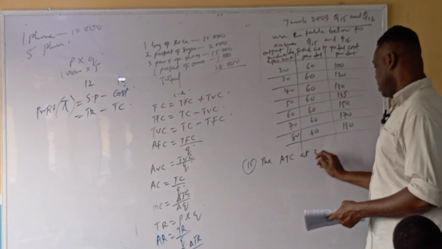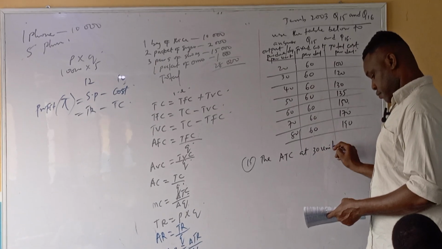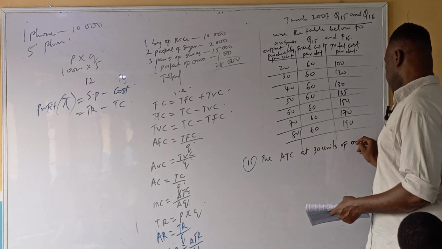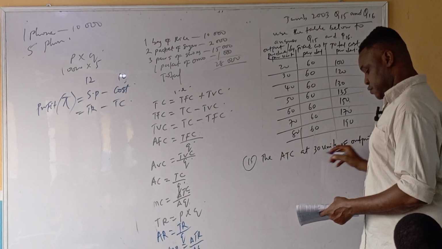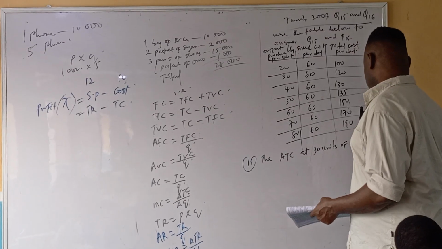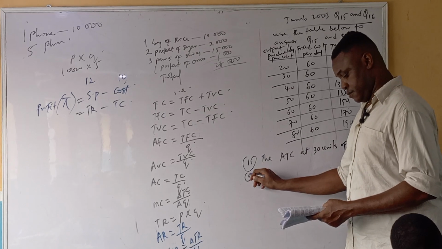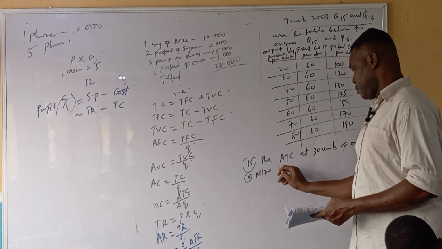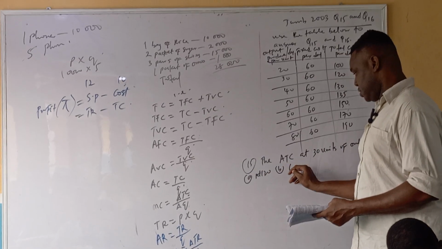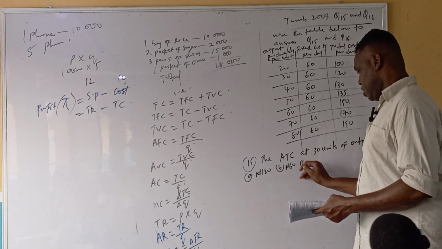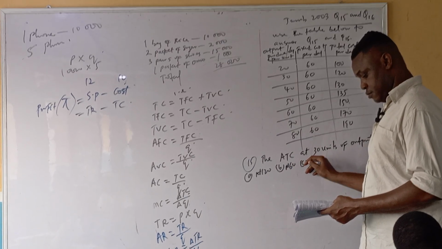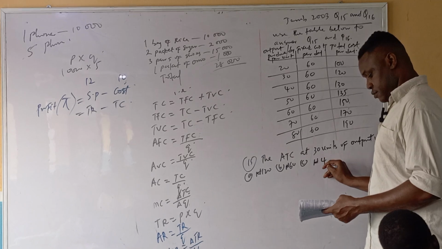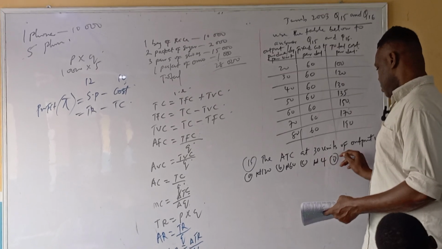The ATC at 30 units of output is: A, 120 naira; B, 60 naira; C, 4 naira; D, 3 naira.